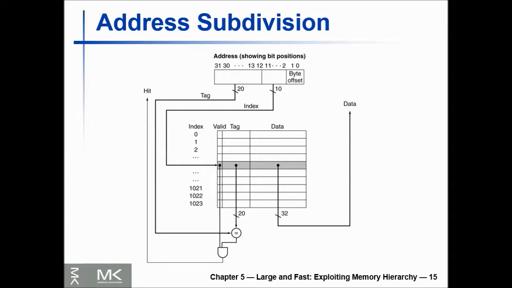Because the cache has 2^10, meaning 1024 words, and a block size of one word, 10 bits are used to index the cache, leaving 64 minus 10 minus 2, equal to 52 bits, to be compared against the tag. If the tag and the upper 52 bits of the address are equal and the valid bit is on, then the request hits in the cache and the word is supplied to the processor. Otherwise, a miss occurs.